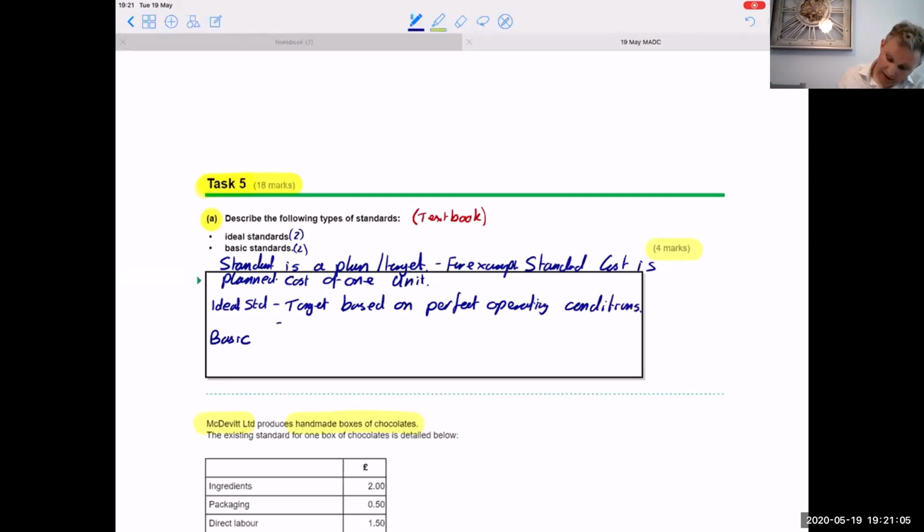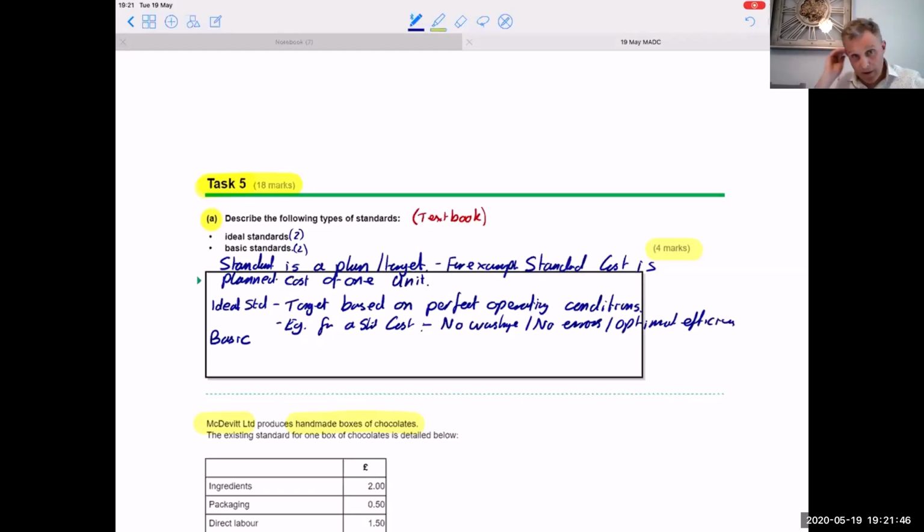So I would then say, let me do it the other way. For a standard cost, this would mean perfect, which I've already used the word perfect, would mean no wastage, no errors, optimal efficiency.